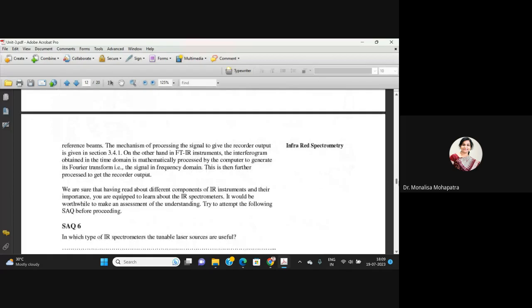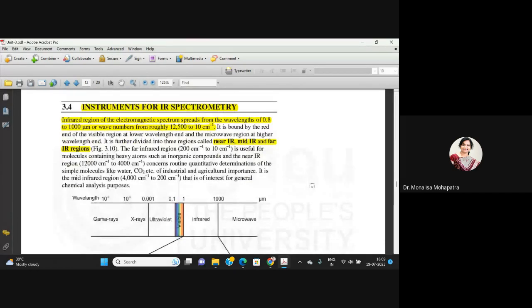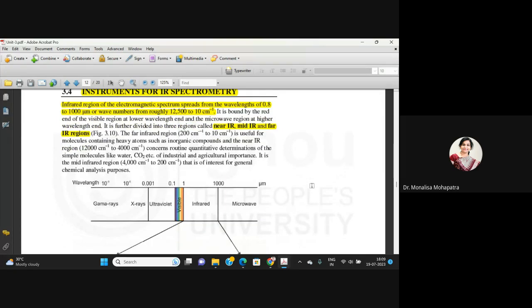But here, instrumentation of IR spectrophotometry means measurement of the IR spectrum which you are going to get. The IR region of the electromagnetic spectrum spreads over wavelengths from 0.8 to 1000 micrometers.